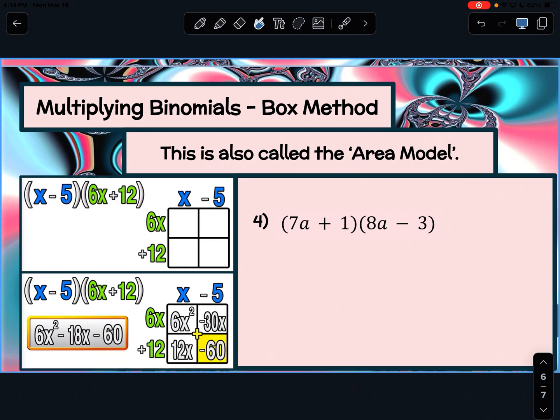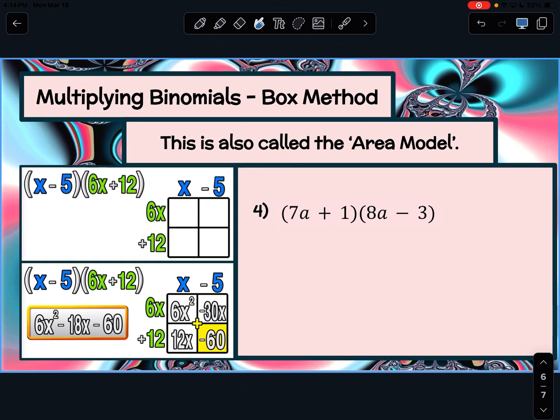Now one more. A lot of people really like this one. This is the box method. And in this one, you draw a 2x2 box, and you set it up like this with one of the binomials across the top and one down the side.